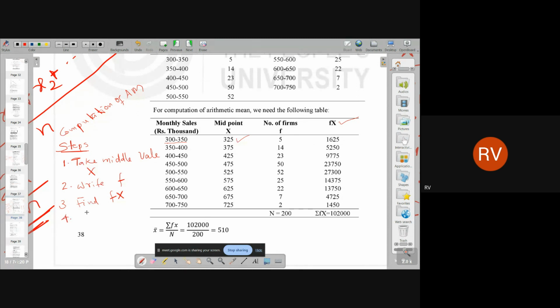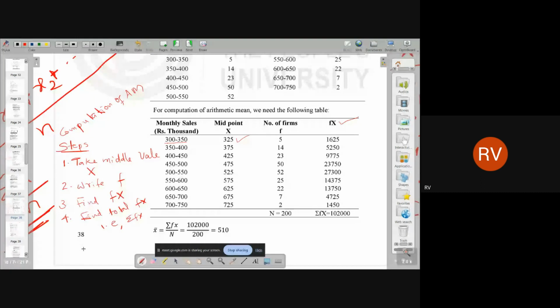Then the fourth step is to find the total of fx, that is sigma fx. Add the sum of the fx. Sigma fx is equal to 102,000.